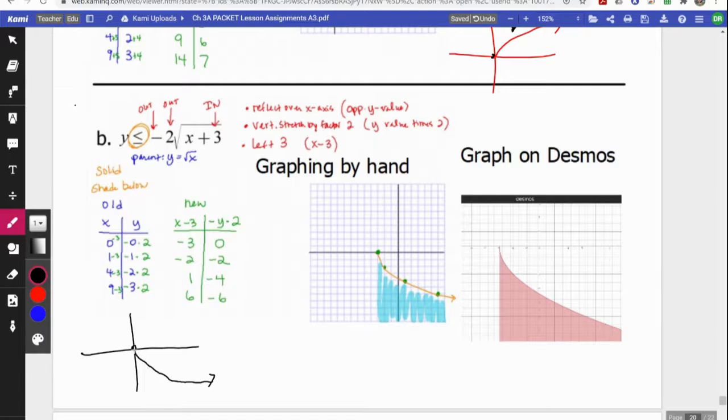So it'd really be more like something like that. It's just stretched down a little bit. We also have an inside translation. So it's a +3. It means we go left 3. So after all of these things that I've done here, left 3, now it didn't go up or down. Left 3 is over here. So we can erase these other ones.